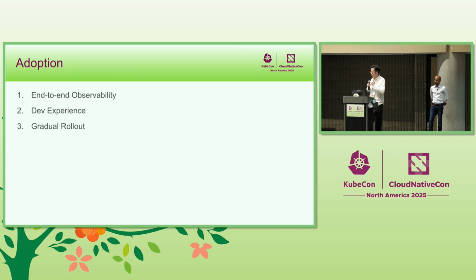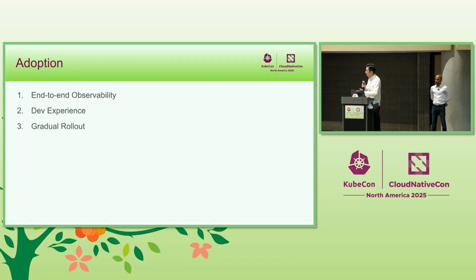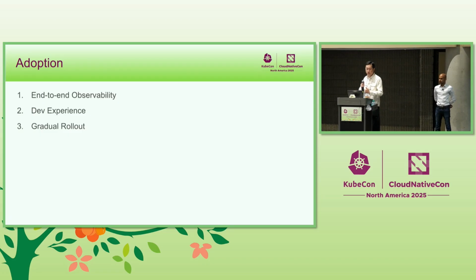We want to have a good dev experience so that our users are happy to adopt. And we want to have a safe, gradual rollout to ensure reliability. We do all of this, and it's important because eventually there will be a human touch point to manage the policies as a service owner.